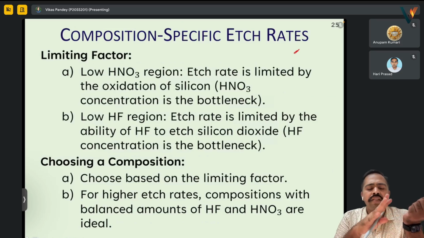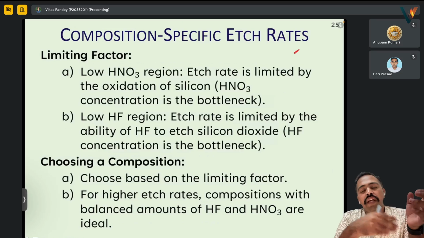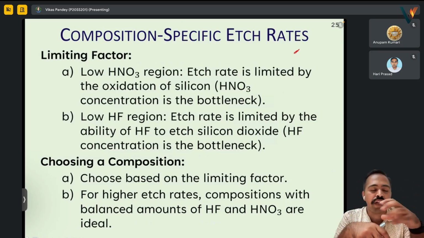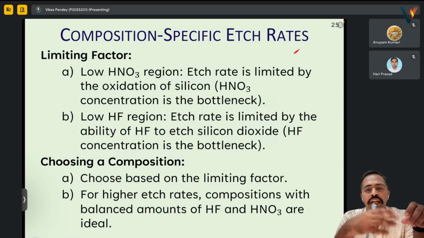But for metals, it is much simpler compared with other thin films. You simply have an etchant in which you dip it for a specific time, you take it out. In the process, you have to take care of factors like stirring, and it will etch out.